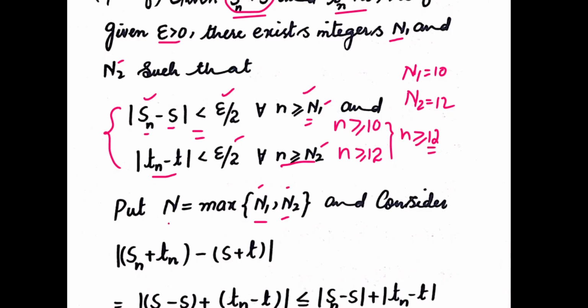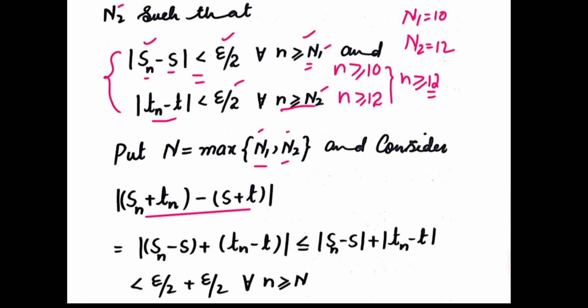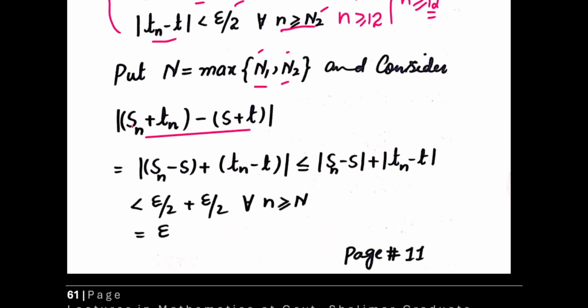So put n equal to the maximum of n1 and n2 and consider this expression that we have to prove. By rearranging, combining sn with s and tn with t, we have sn minus s plus tn minus t. By applying the triangle inequality, this sum can be divided into two parts, sn minus s and tn minus t. What is the triangle inequality?